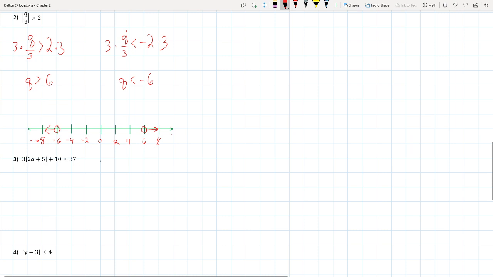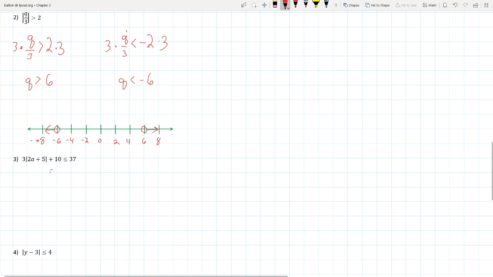So you'll need to remember that whenever we're evaluating absolute value, we want to get the absolute value by itself, and that also applies to this kind of specific inequality math. We need the absolute value to be by itself before we try finding the two different options. So I'm going to evaluate this as far down as I can, and then I'm going to do those two separate ones.